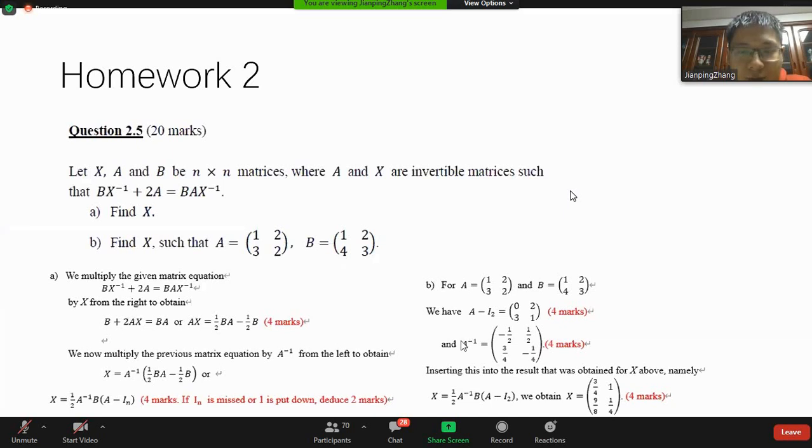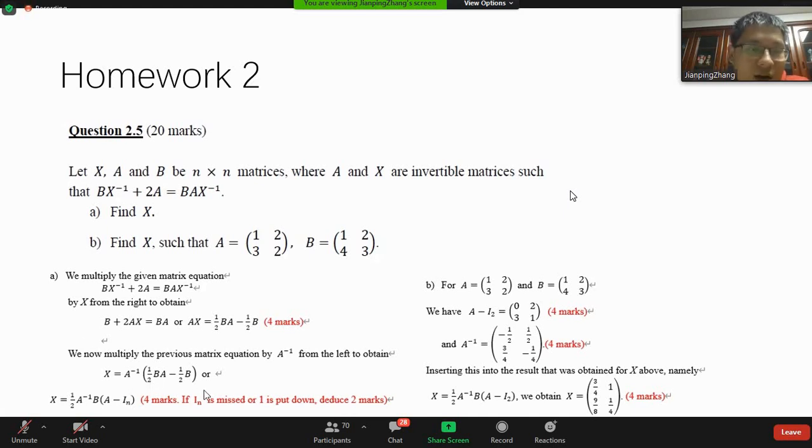First, you should calculate the inverse of A. You can use row operations to get it, and you can also use the inverse formula the professor mentioned in class to get the inverse of A, and you just substitute all you get into the formula to get x.